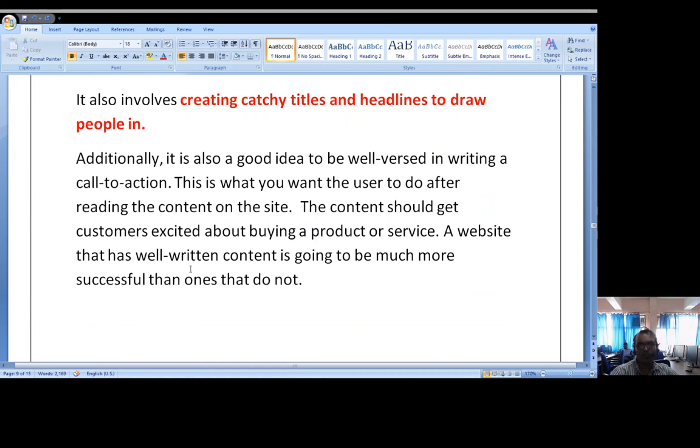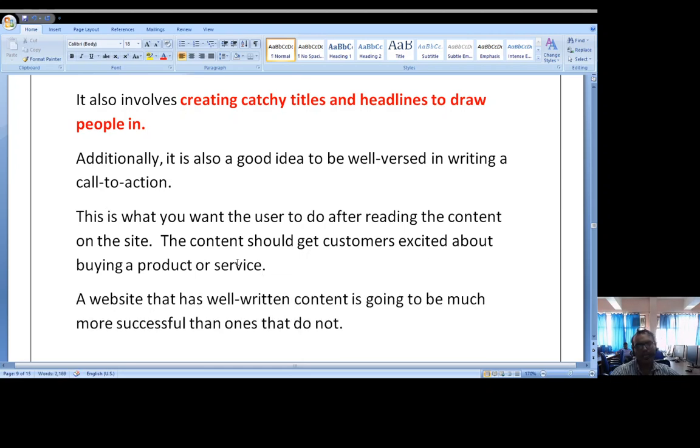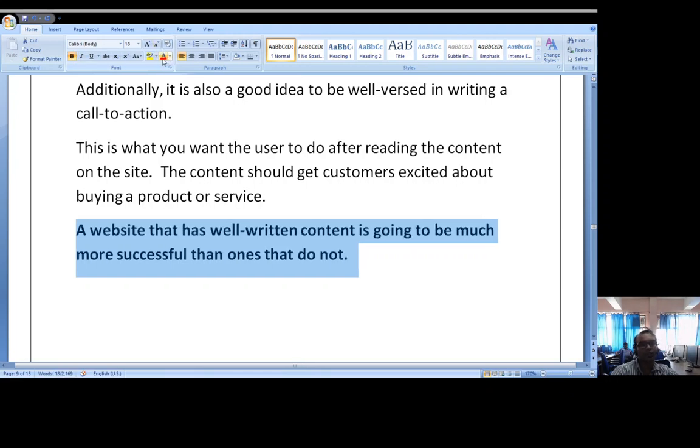Additionally, it is also a good idea to be well versed in writing a call to action. This is what you want the user to do after reading the content on the site. The content should get a customer excited about buying a product or service. A website that has well written content is going to be much more successful than ones that do not. One should understand that your writing speaks about your personality.